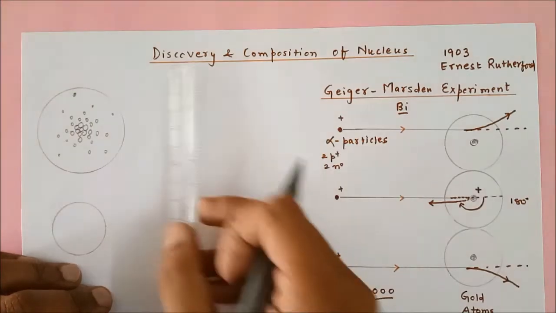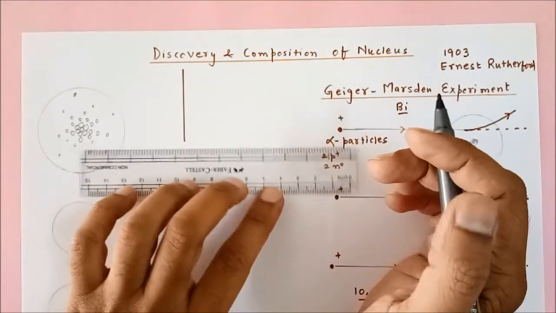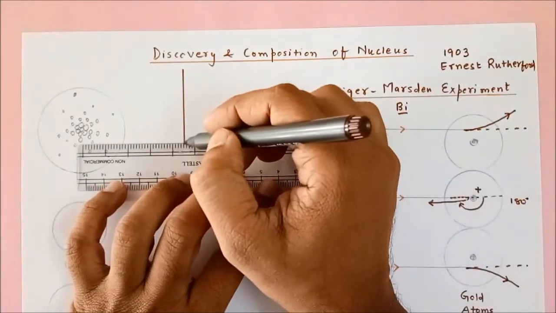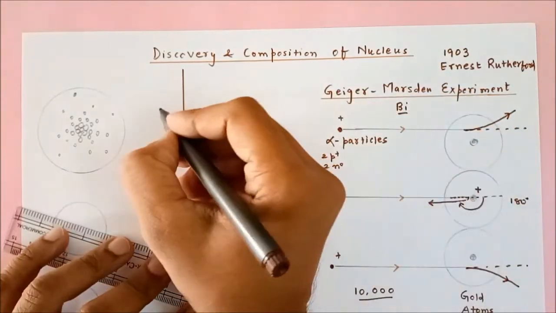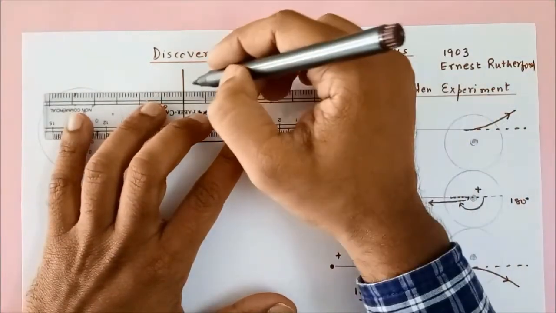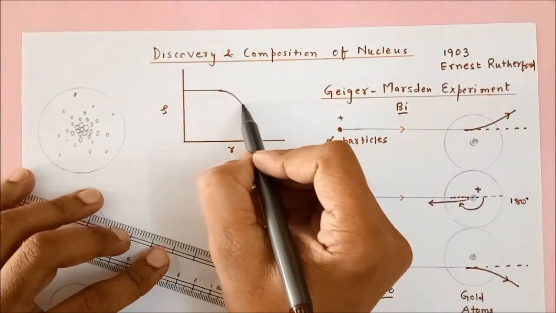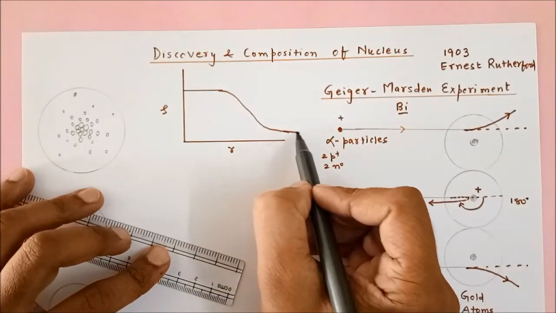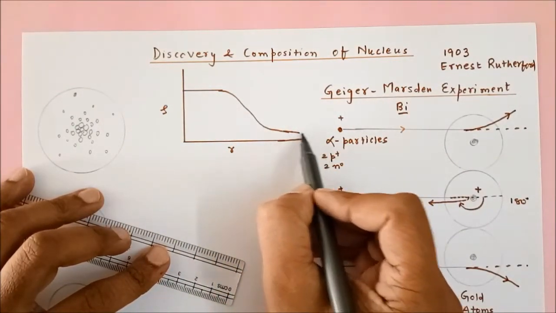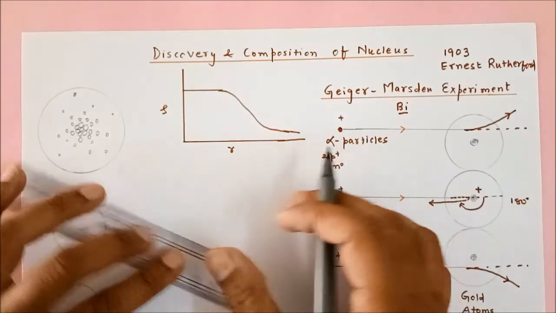So we can also plot a graph of density versus the distance. This is the density versus distance graph, and we see something like this. It meets the x-axis, or r-axis, at a very large distance.